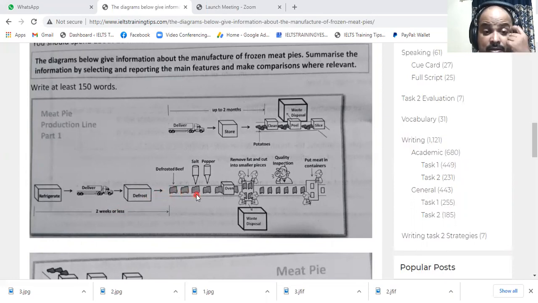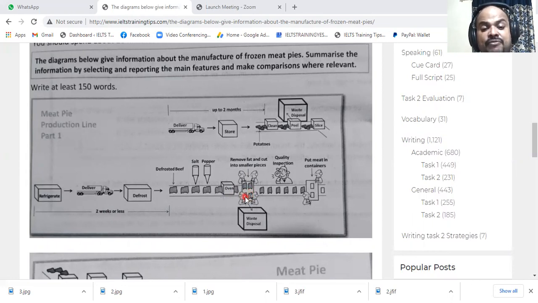And this beef, when it is defrosted, we add salt and pepper, and we heat it in the oven for cooking. So when the cooking is over, we just remove the fat and cut it into small pieces. So we have to pack in microwave containers.